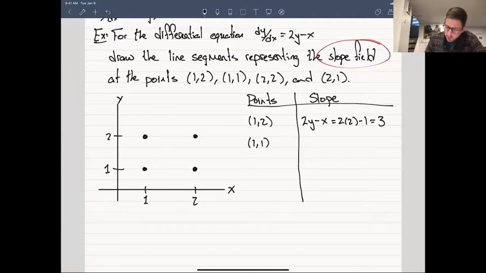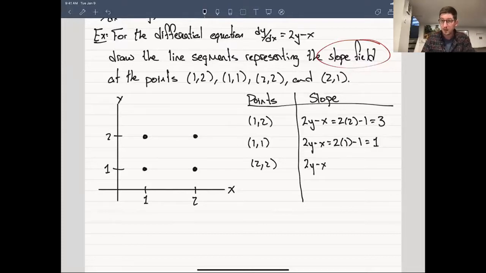In our case, we're mostly interested in increasing or decreasing, as is mostly the case when you're sketching. Okay, (1, 1). In this case, 2y minus x is equal to 2 times 1 minus 1, which is equal to 1. So again, increasing, but not as much as at the point (1, 2). All right, how about (2, 2)? You get 2y minus x, so again, this is just the right-hand side of the differential equation, 2 times 2 minus 2.